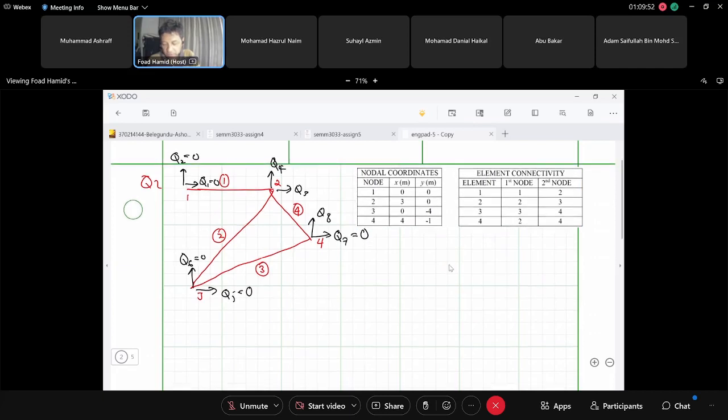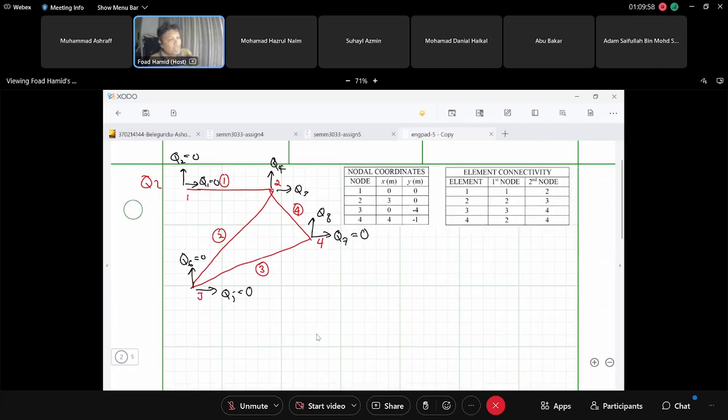So what we need to do is to find the element stiffness matrix. The standard procedure is always to find the element stiffness matrix.